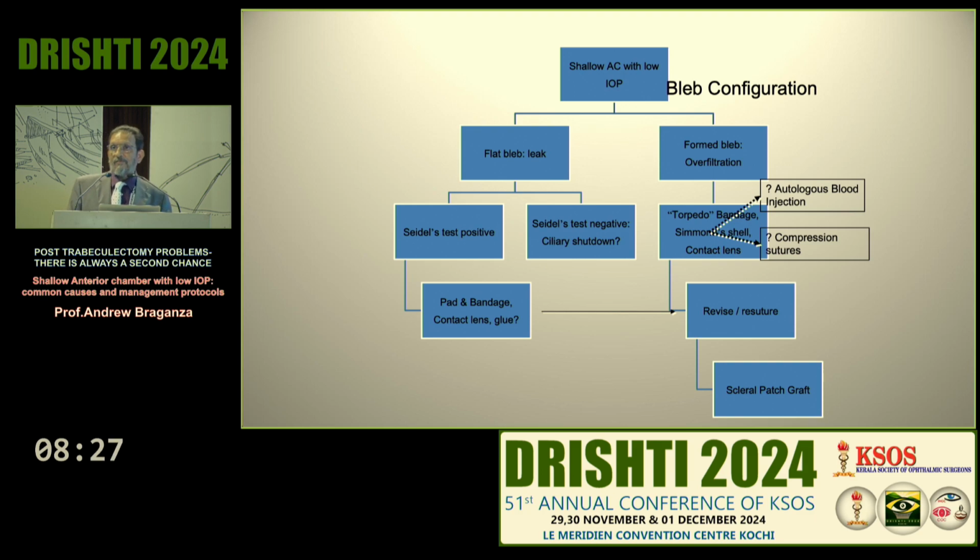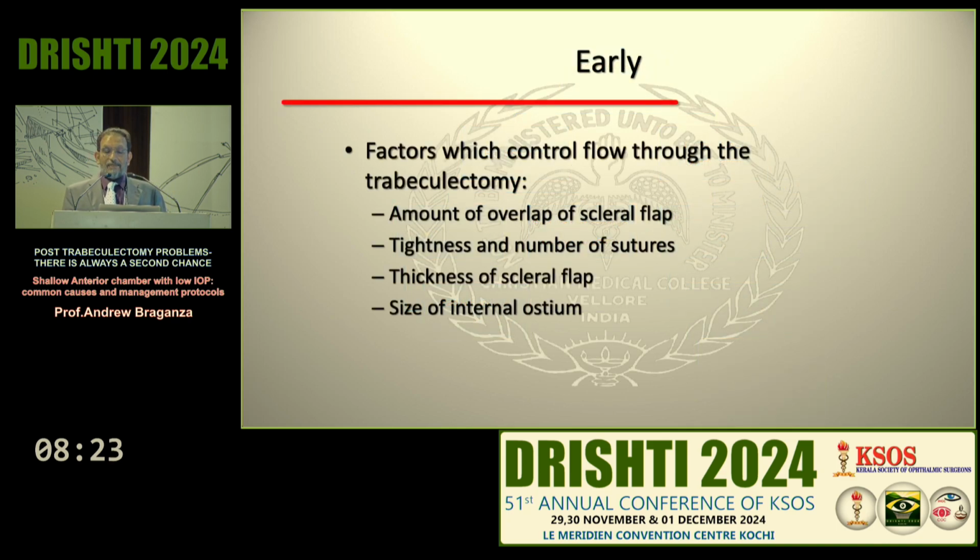Now we have a flat bleb with a leak, let's say. We need to consider what are the factors which actually control the flow through the trab. The most important is the amount of scleral overlap. When you have created your superficial scleral flap, how much does it overlap the ostium that you have created under the flap?